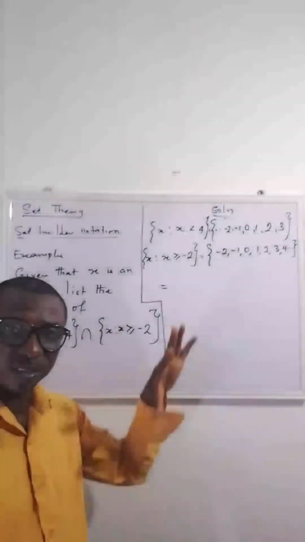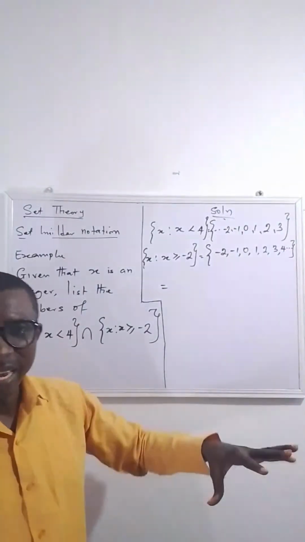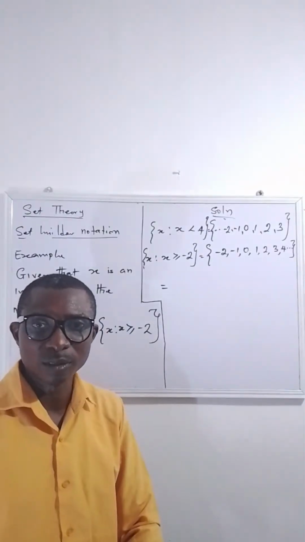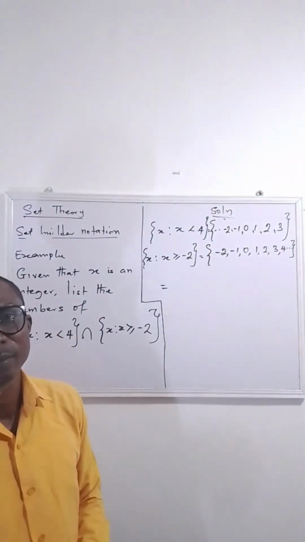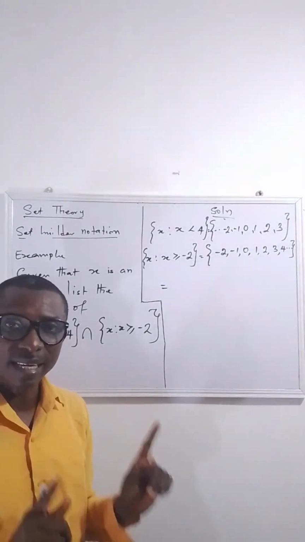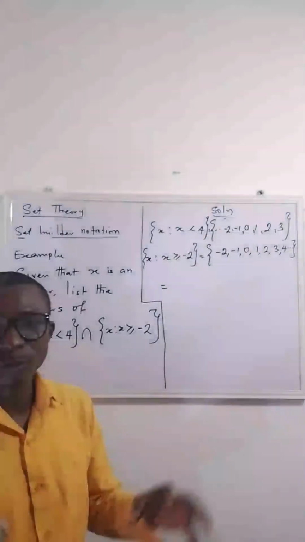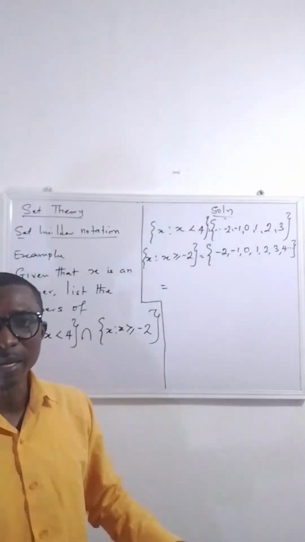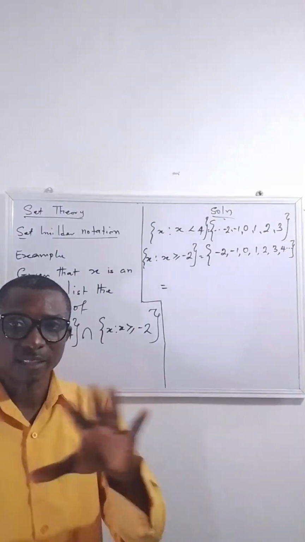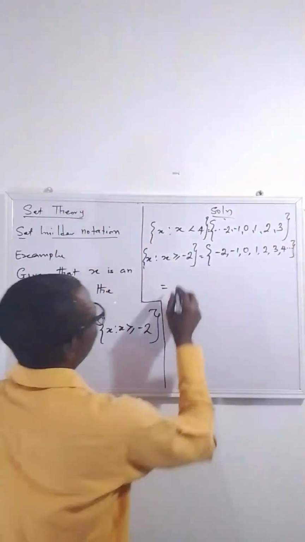So the intersection of set A and set B are those elements that are inside set A and are also inside what? Set B. I come again. Intersection of set A and B are those elements that are in set A and are also in what? Set B.